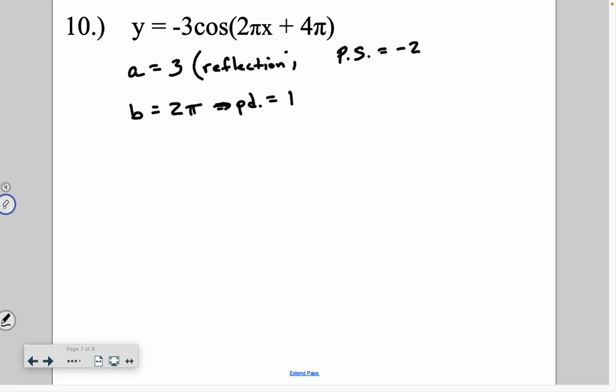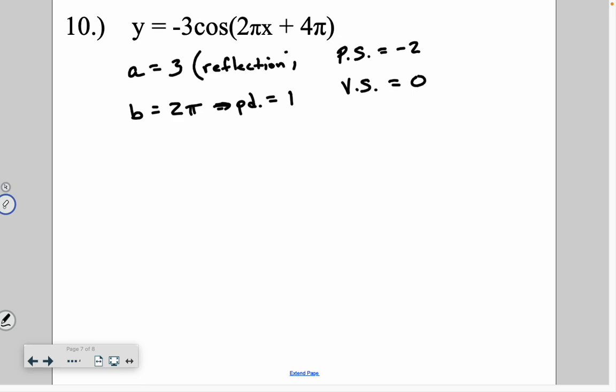Or, once again, take what's in parentheses and just solve for x. Subtract the 4 pi, and then divide by 2 pi. Set it equal to 0 and solve. And finally, vertical shift. What do we have? Nothing. There's nothing in the front that's added, there's nothing at the end that's added, so we are not shifting this up or down at all. Okay? So there's your information.